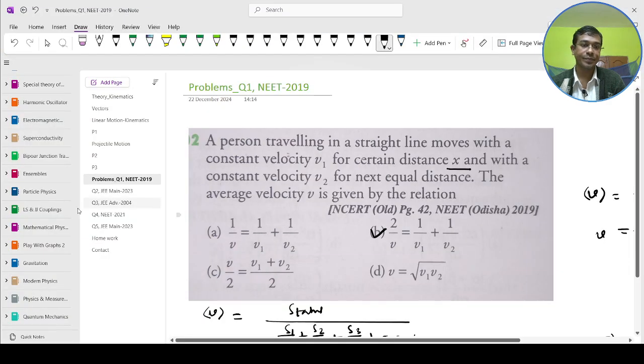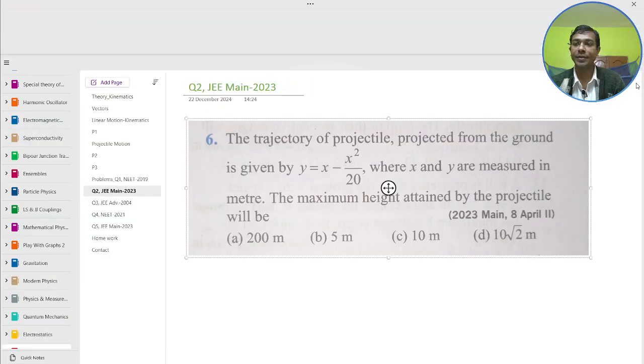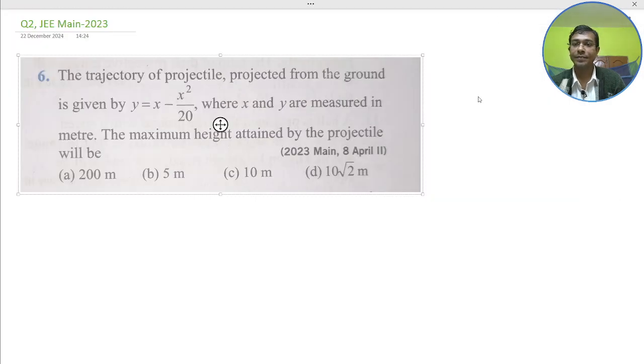Next one coming in JEE Main 2023, recent question, saying that the trajectory of a projectile projected from the ground is defined by the equation y equal to x minus x square by 20. This is the equation of a parabola where x and y are measured in meters. The maximum height attained by the projectile will be what?